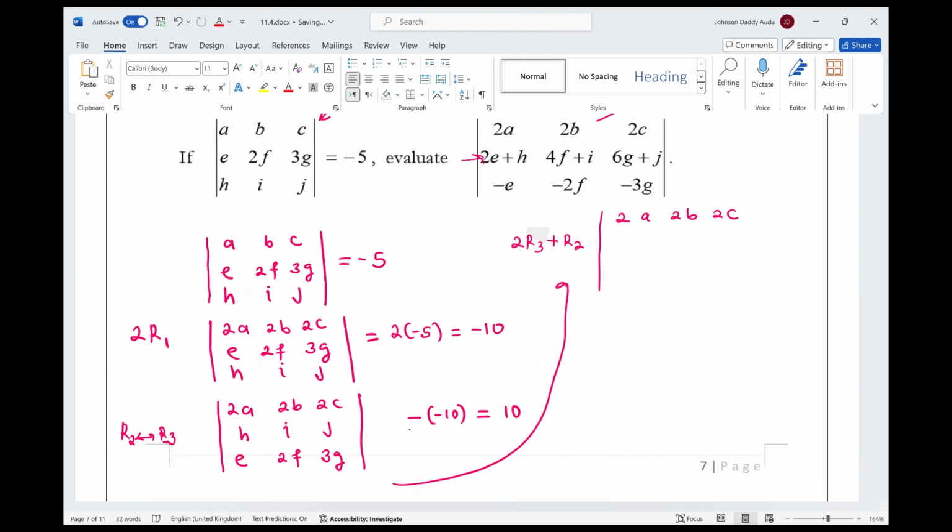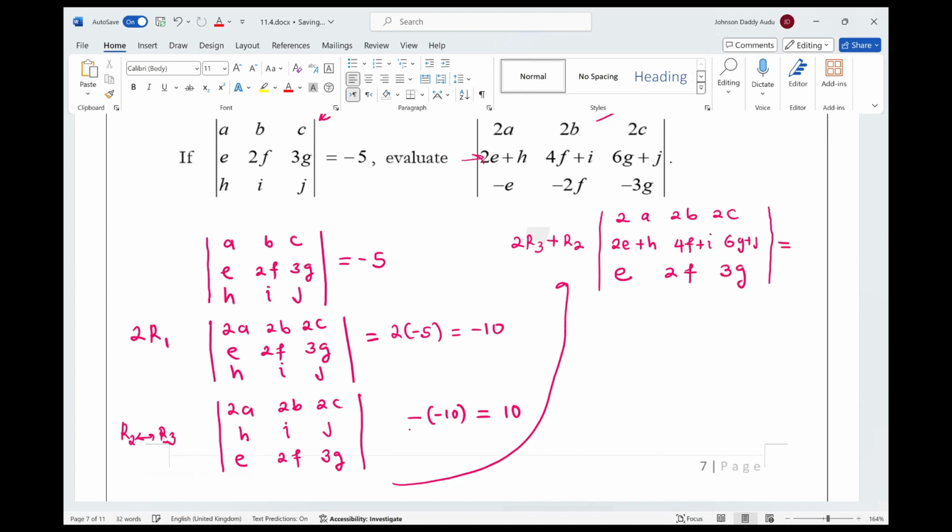So we multiply E by 2, we add it to H. So this is just going to be 2E plus H. We multiply 2F by 2, which will be 4F plus I. And we multiply 3G by 2, which is 6G plus J. And then this will still remain as E, 2F, and 3G.